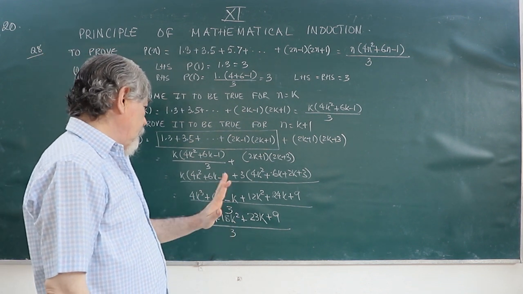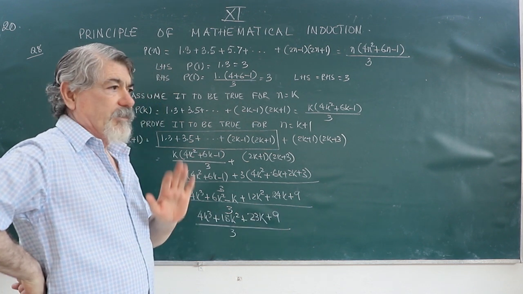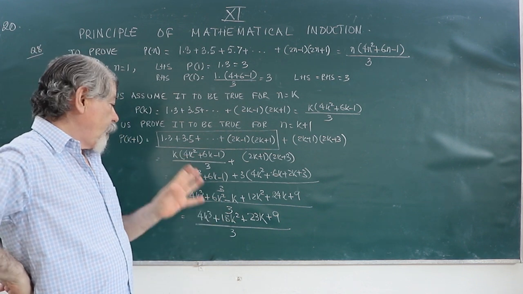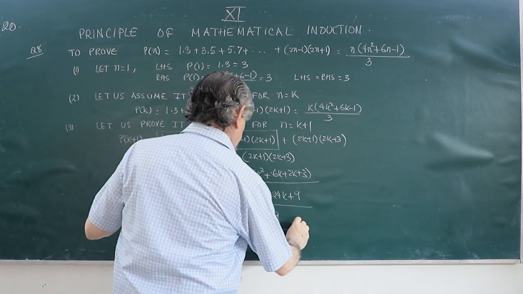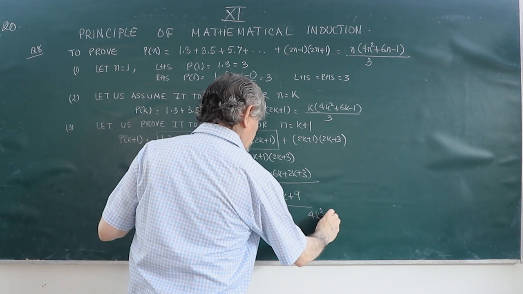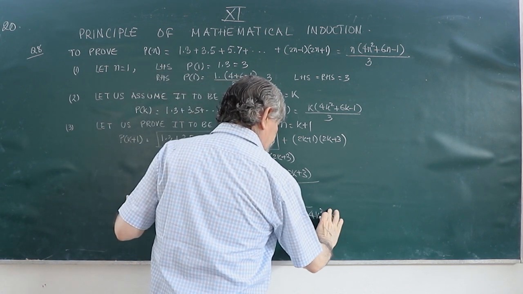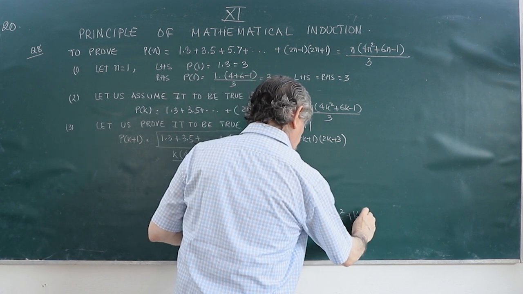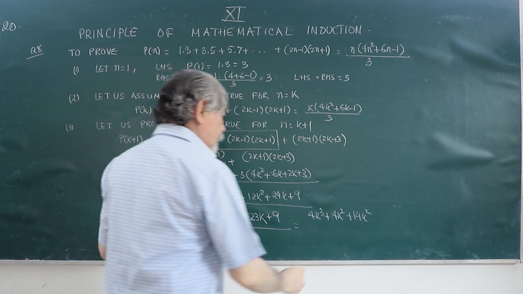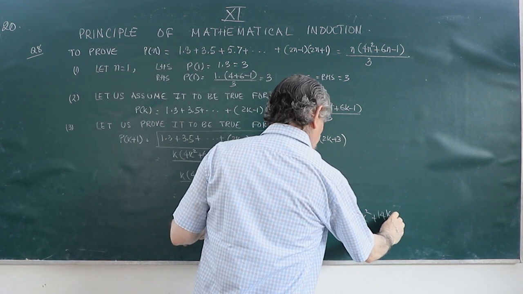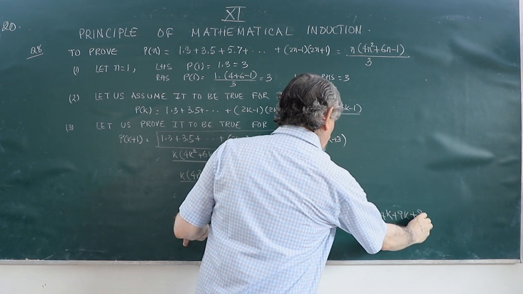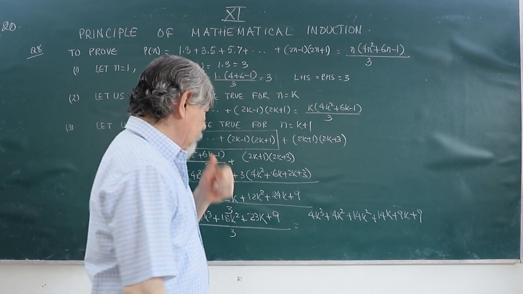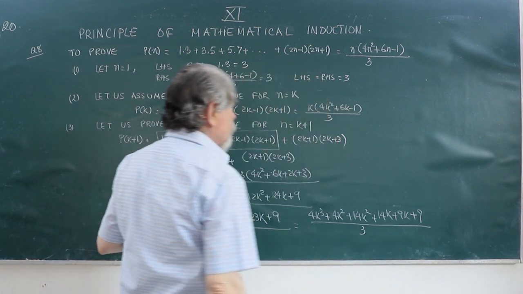Now here is a little trick in this question. 18k squared I'll break up as 4k squared plus 14k squared, and 23k I can break up as 14k plus 9k, then plus 9. Why? Because I can take 4k squared common from the first two terms, 14k common from the next two, and 9 common from the last two, upon 3. This is just a little trick in this question, nothing else.